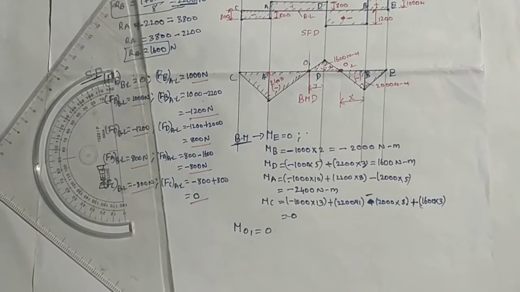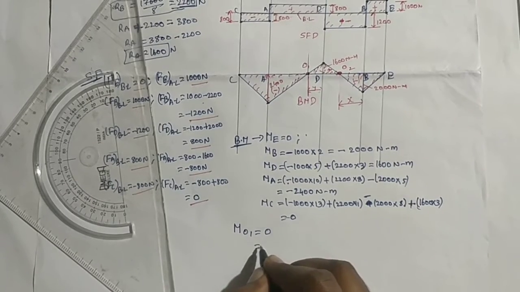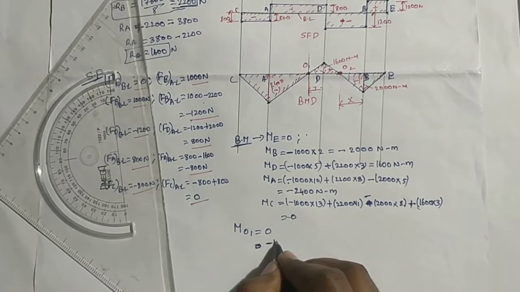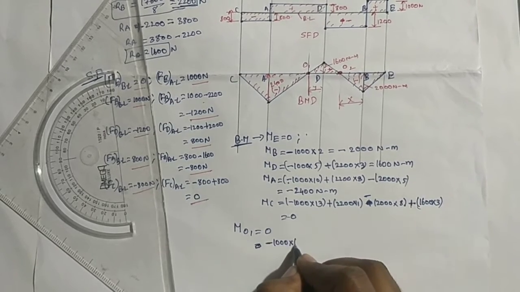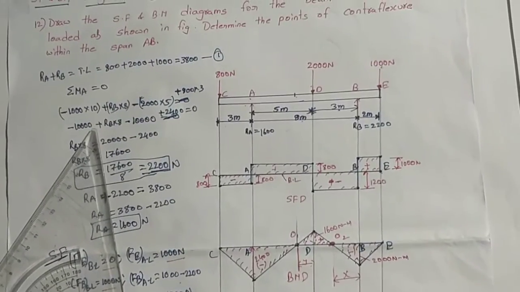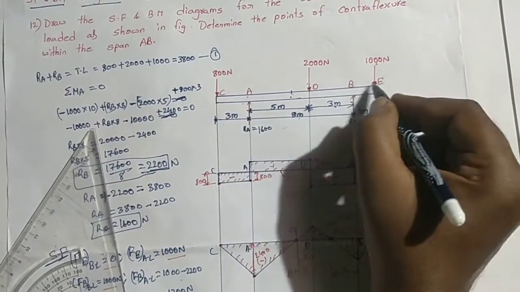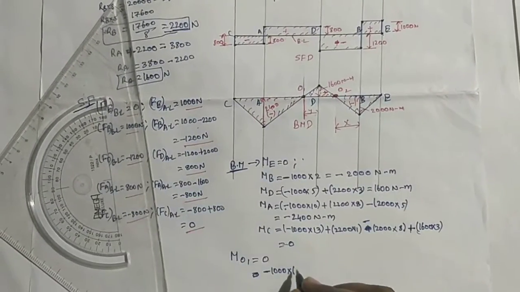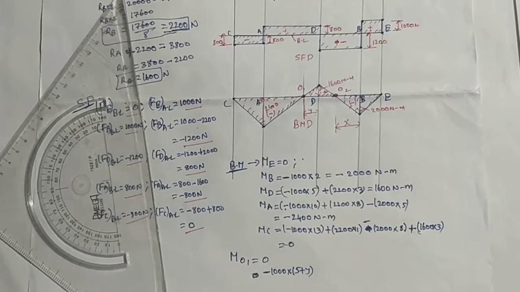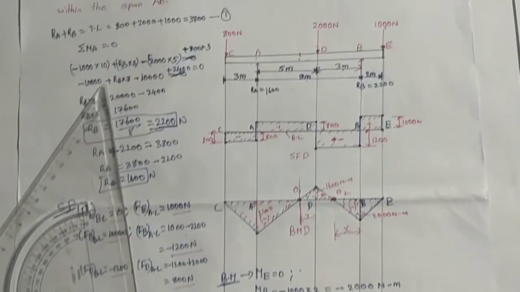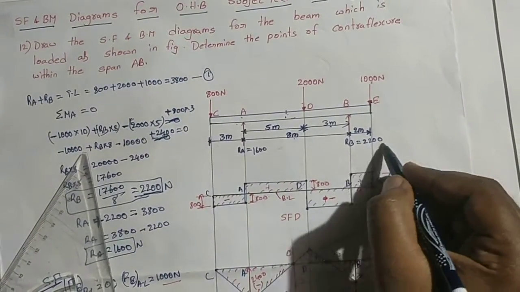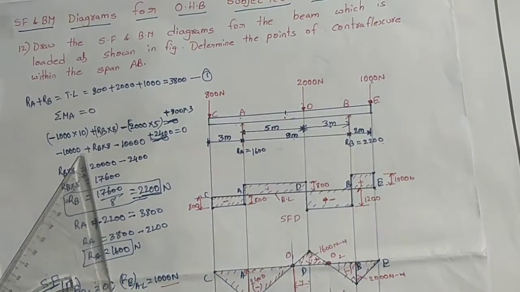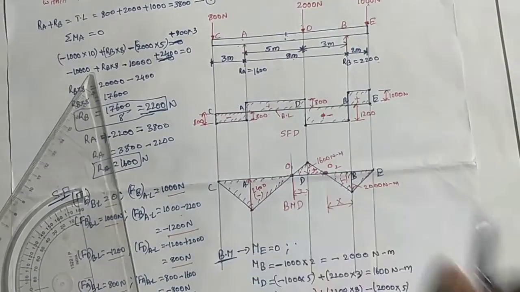The 1000 load is acting clockwise, so minus 1000 into the distance from point E to O1, which is 5 plus y. Next, the second one is the reaction force, 2200, acting anti-clockwise. The distance from this point to O1 is 3 plus y, since D to O1 is y.